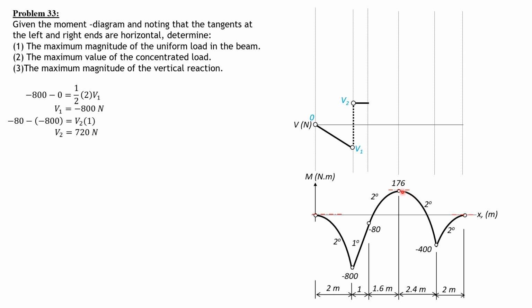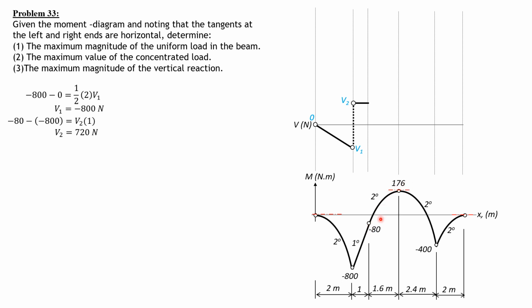Next, between this point and this point here, we have a second degree curve. It is positive decreasing, and the shear at this point is 0. So we have 176 minus negative 80, which is 256.